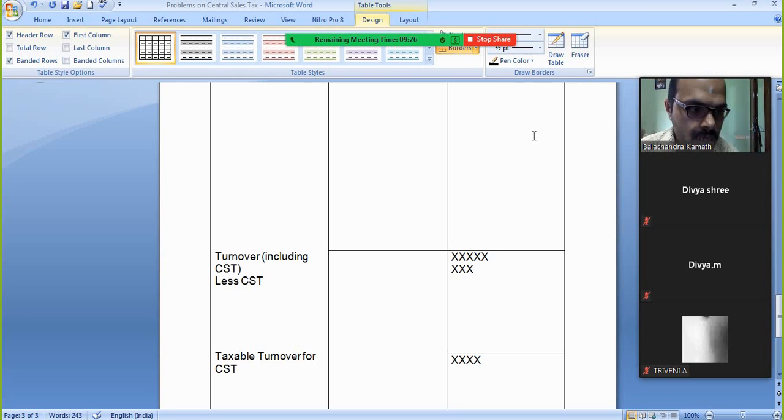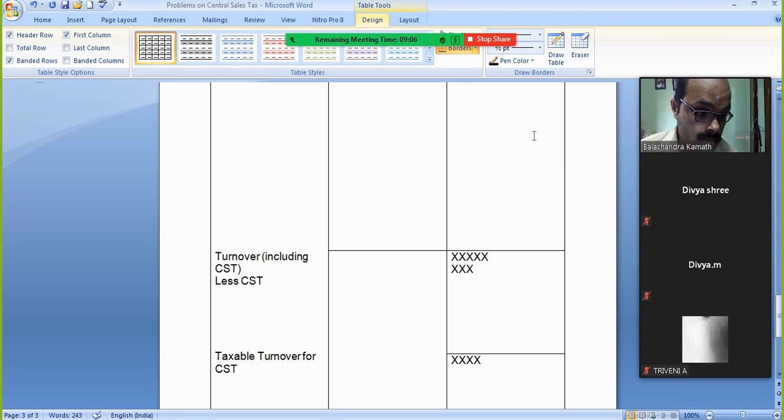So any doubts regarding the format, any confusions?